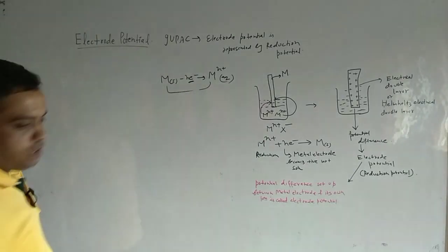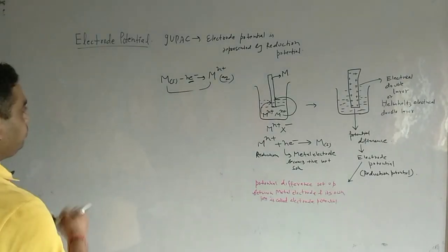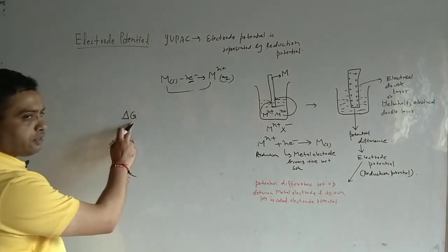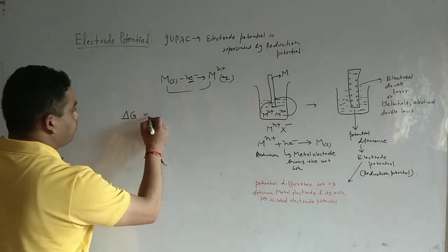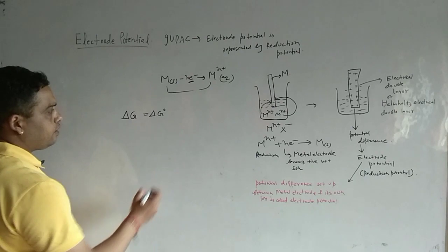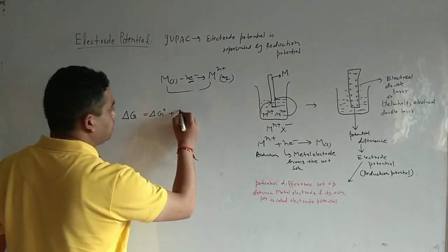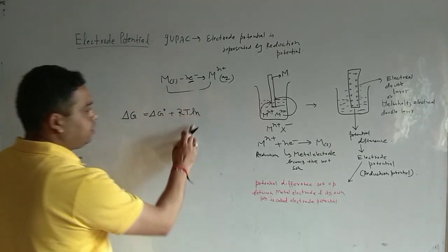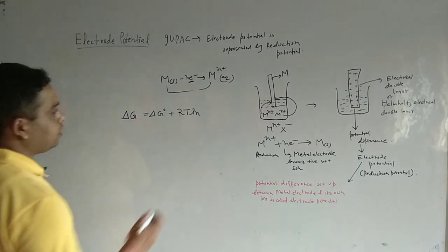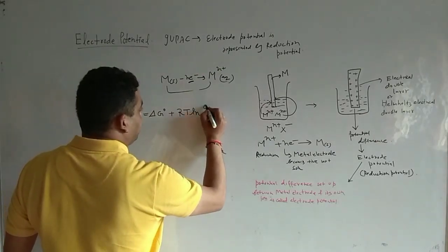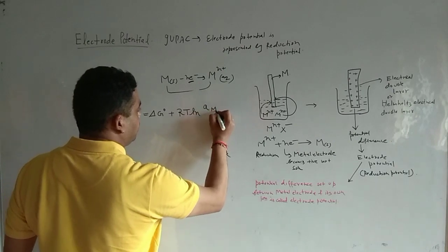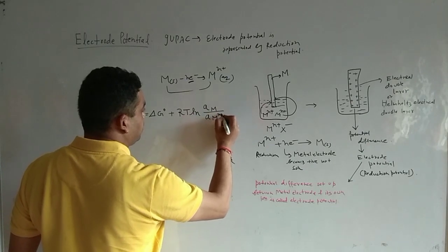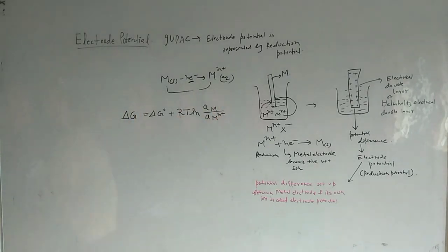See, if I have this particular situation, I can write del G, that is the Gibbs free energy, equal to del G standard plus RT ln, that is natural log to the base e, of the activity of the metal divided by the activity of the metal ion, right?